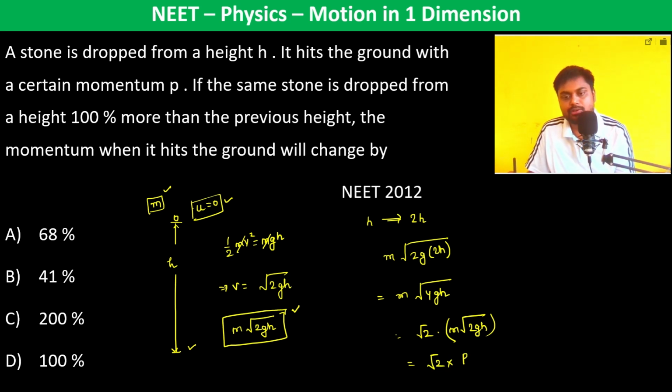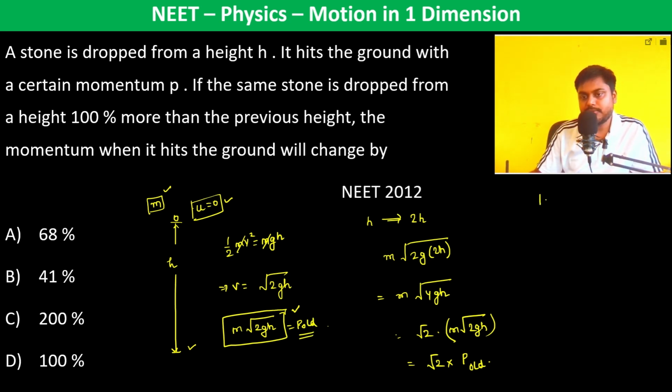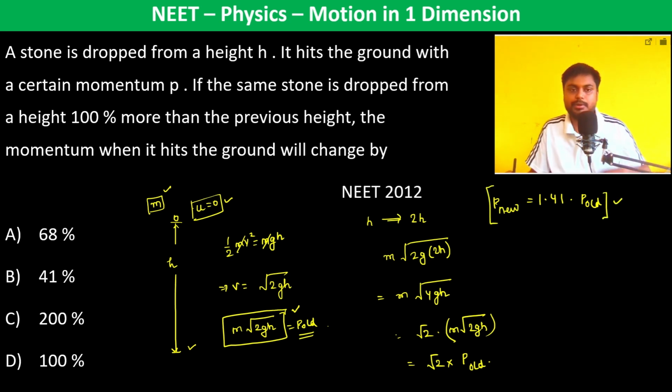This is P old. Now root 2 is basically 1.41, so the new momentum is going to be 1.41 times the old momentum.